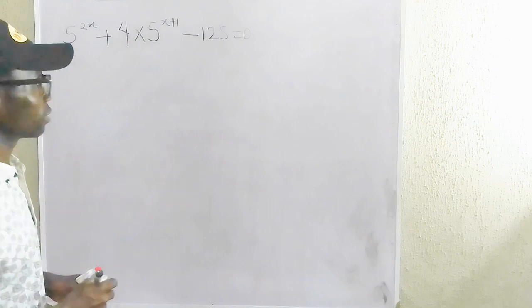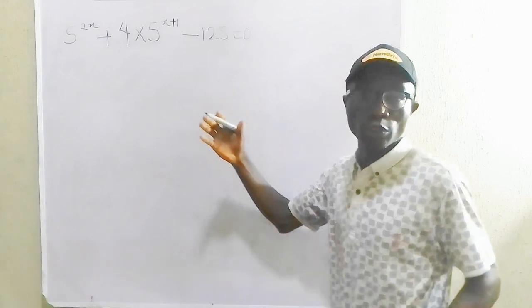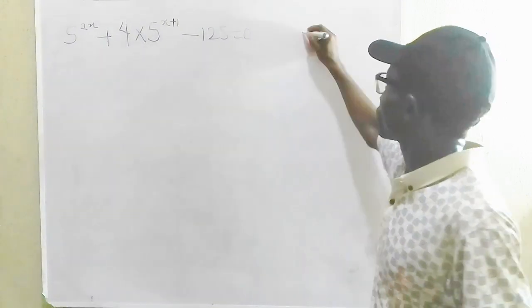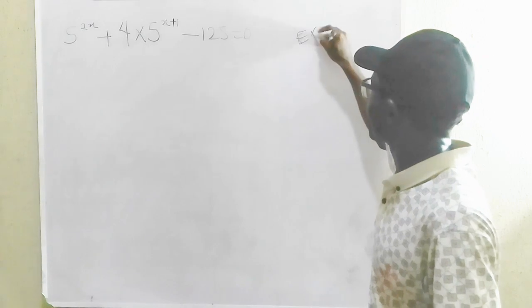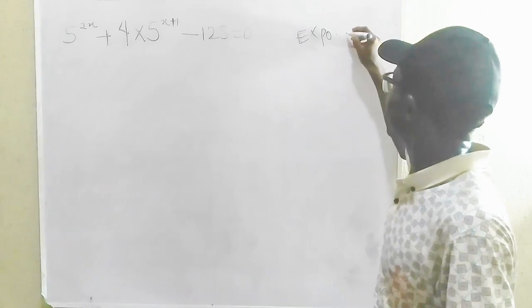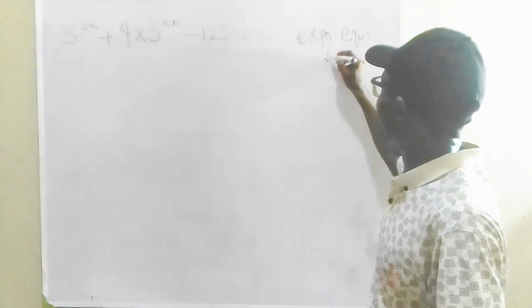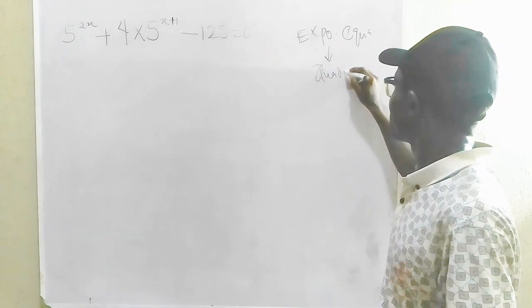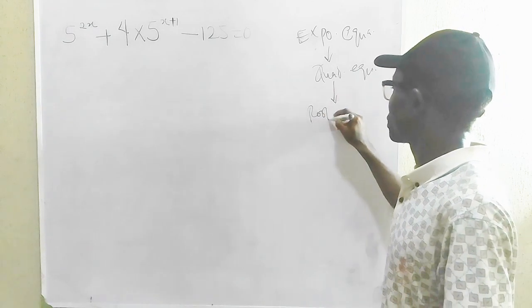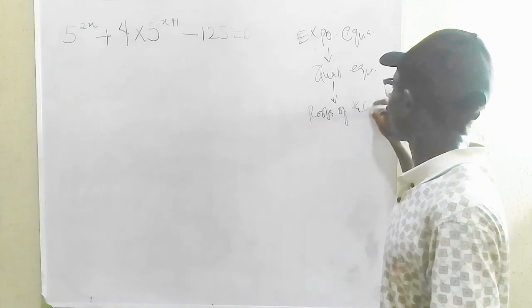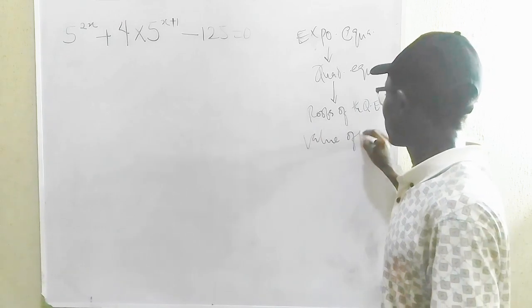But one thing is this: we have said previously that when solving exponential equations, we first take it to a quadratic equation, and then we find the roots of the quadratic equation, and then we find the value of the variable.